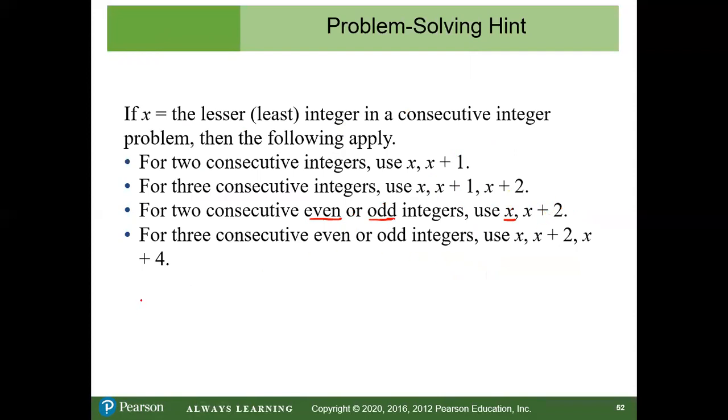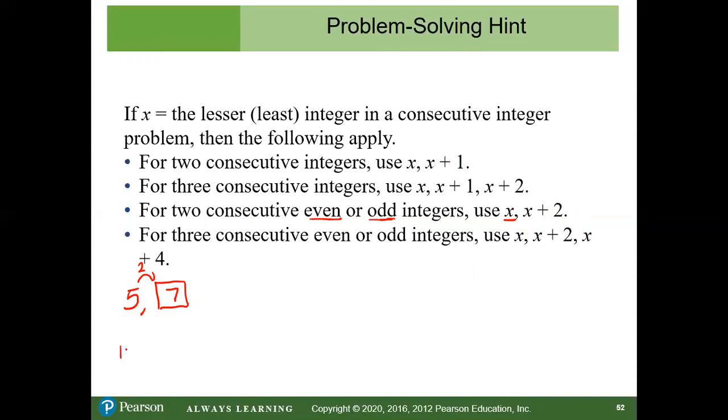Because if you are at, let's say, an odd integer, let's pick 5, to get to the next odd integer, you need to add 2. I know that you think odd numbers are 1, 3, 5, but it doesn't work that way.